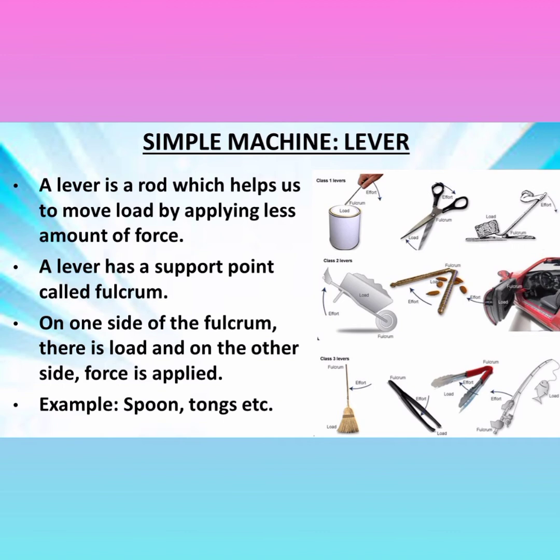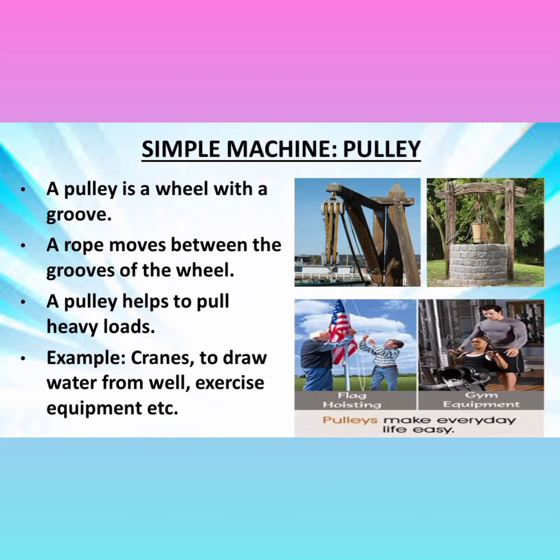Based on the position of load, effort and fulcrum, levers are divided into 3 classes. You will learn about these in your higher classes. Examples: a pair of scissors, nutcracker, tongs, spoon, etc.